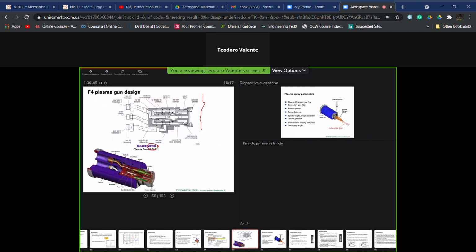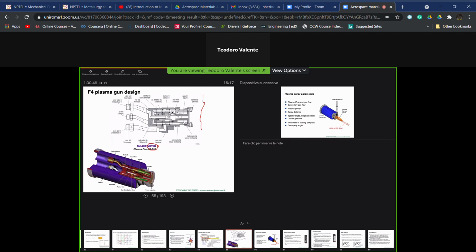Here you see, perhaps it's not so clear, but that's the circuit of the cooling water for the copper, this one. This is the tungsten tip, that is the anode. And this is the same drawing of before, but it's a real drawing over a real torch.